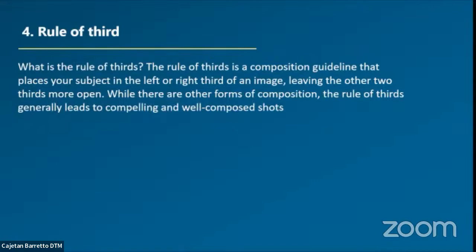Wikipedia defines it as a composition guideline that places your subject either in the left or right third of an image, leaving the other two-thirds more open. I will get to that. I'll make it simpler when we look at the photographs.